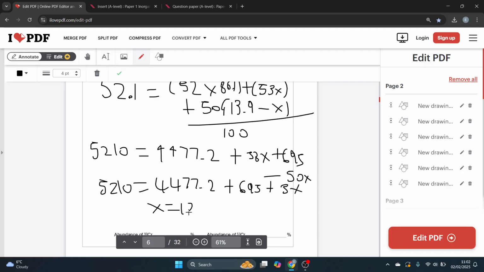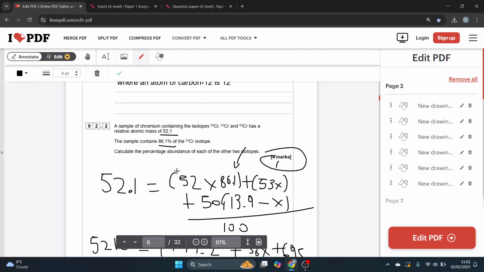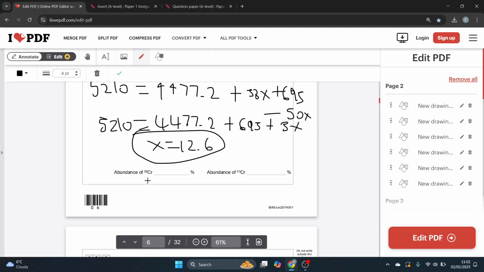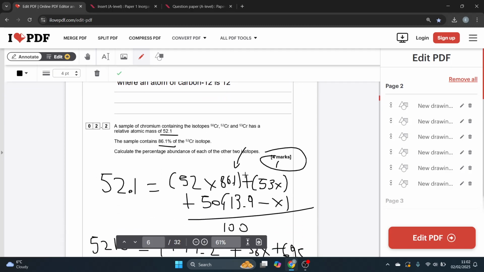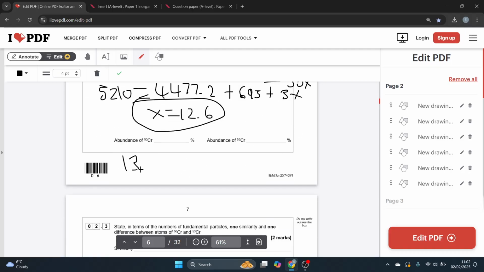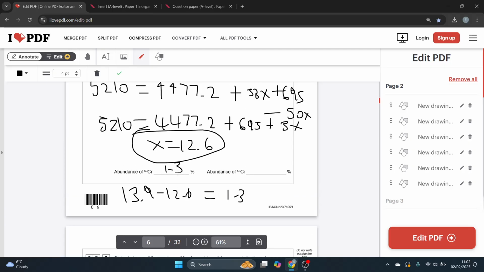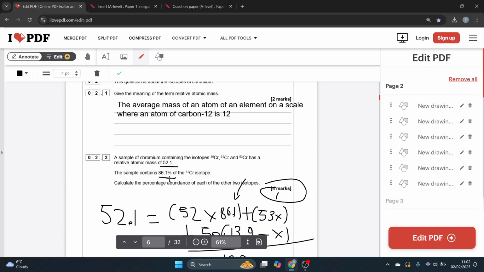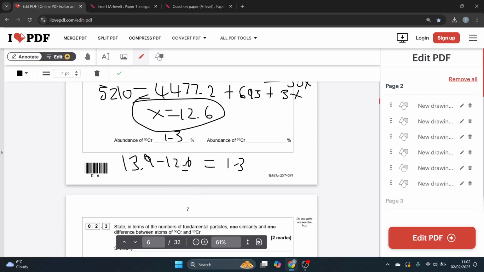But don't rush now, because it says then calculate the abundance of 50Cr. Well, 50Cr is 13.9 minus x, so it's 13.9 minus 12.6, which is 1.3. So 50Cr is going to be 1.3%. And 53Cr is just going to be x, which is 12.6.